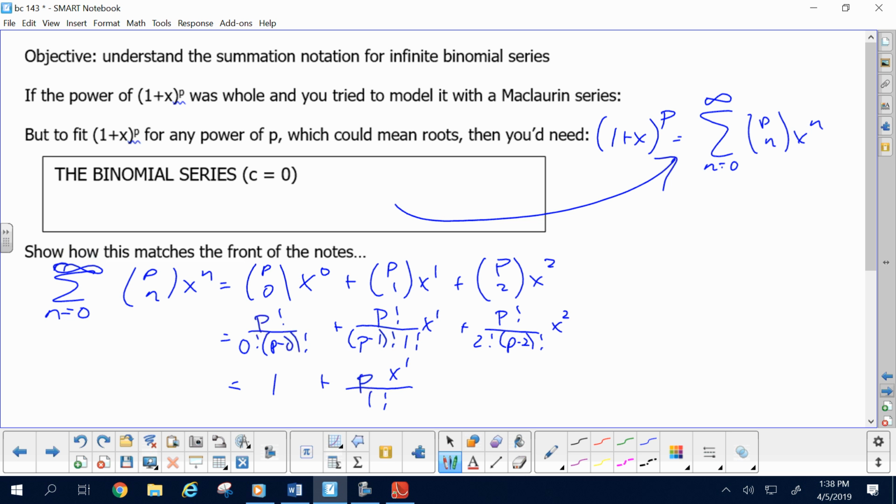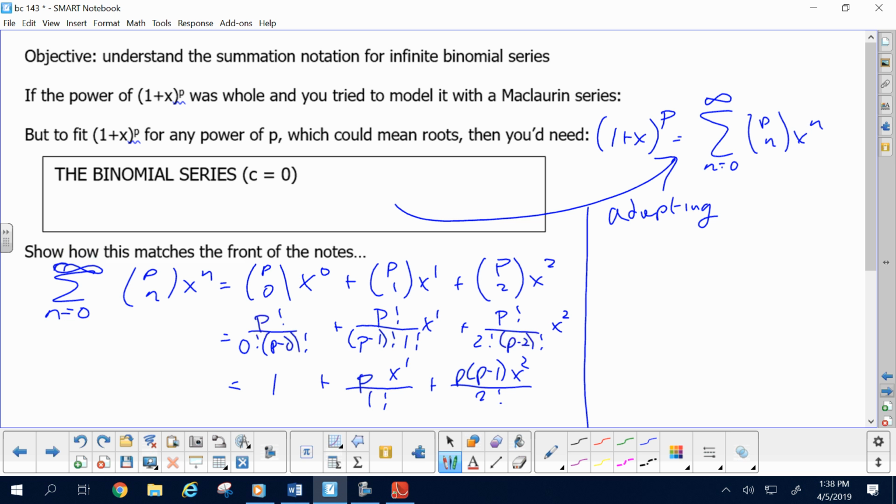P factorial has P minus 2 factorial in it, but to get that down to its level, you'd have to remove P times P minus 1, x squared over 2 factorial. Now you can see that this is exactly like we were getting yesterday, right? It's just a different way of writing. Are you with me? Can I throw one thing at you real quick? I hope you have a little room here.